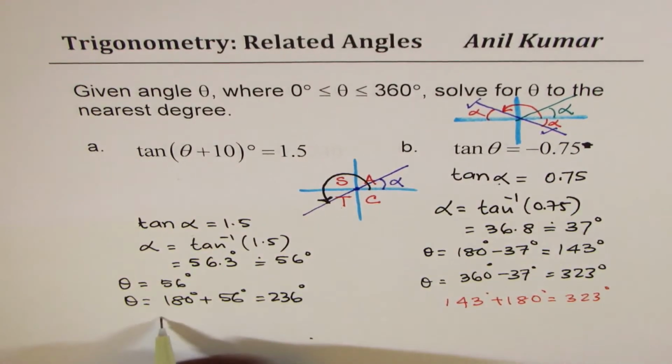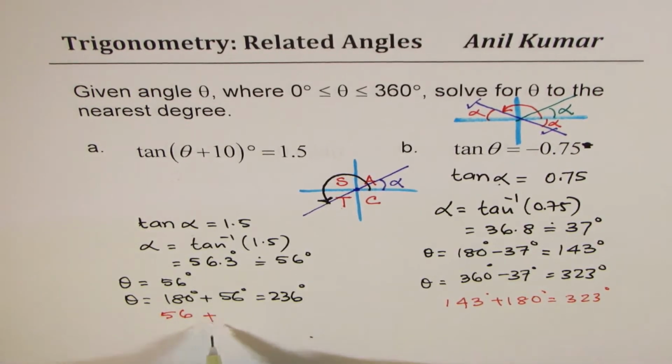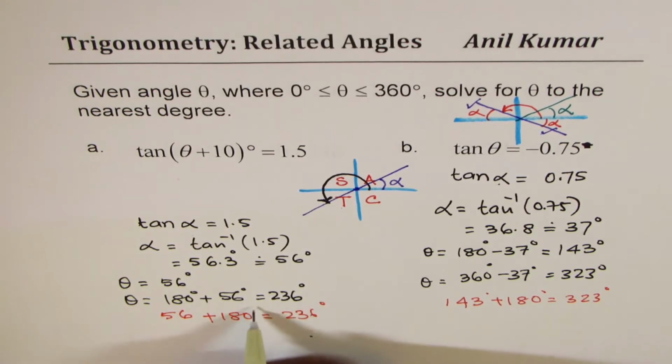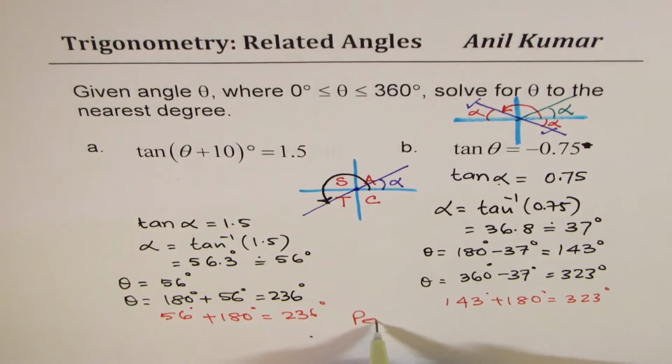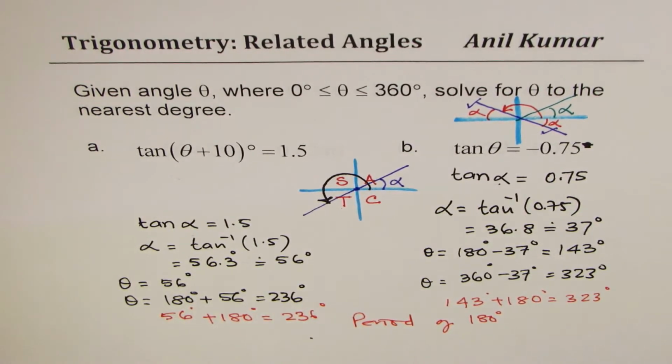Here also you will notice that 56 plus 180 will result in 236 degrees, simply because tan theta has a period of pi or 180 degrees. Do you get my point? Okay. So we'll do a few more questions, and I hope that will help you to always find out correctly the value of theta to the nearest degree.